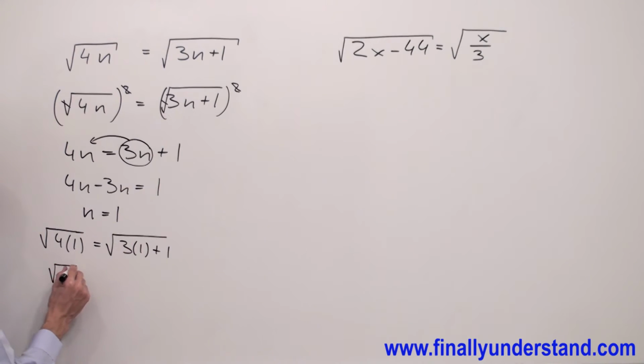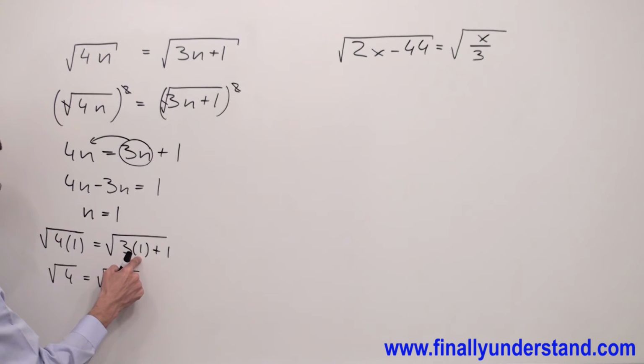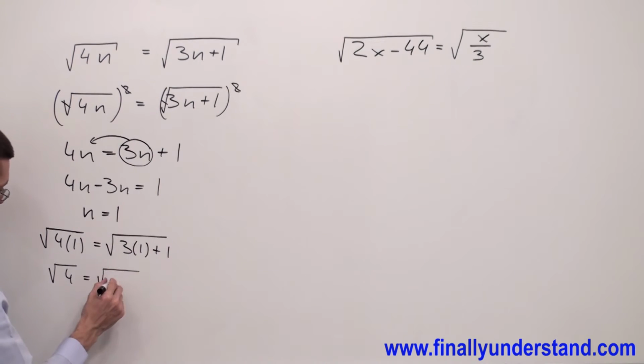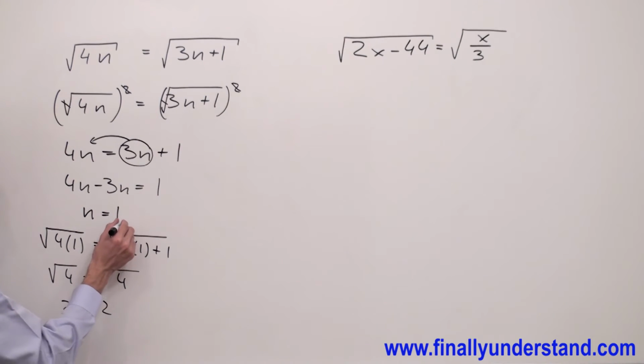So I have square root of 4 equals 3 times 1 is 3, plus 1 is 4. Square root of 4 is 2 and square root of 4 is 2. Left side is equal to the right side. The solution to my problem is n equals 1.